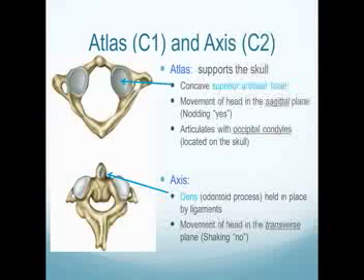Now C2, our axis, is held in place and connected to the atlas by ligaments. There's something called the odontoid process, or the dens, and that's what that arrow is pointing to there. That's a really good identifying feature for knowing the difference between C1 and C2.